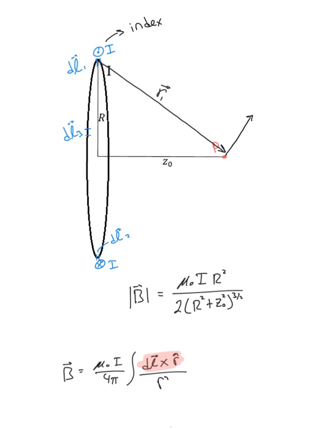This is what I will call B1 hat. That is the direction of the magnetic field due to my little chunk of current I1 at the top.